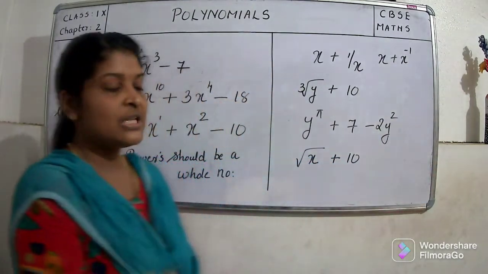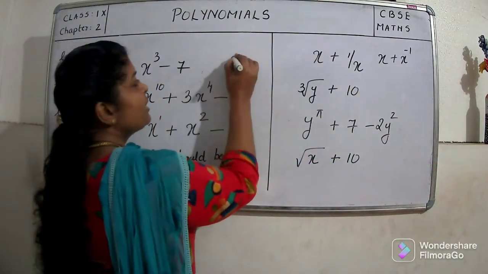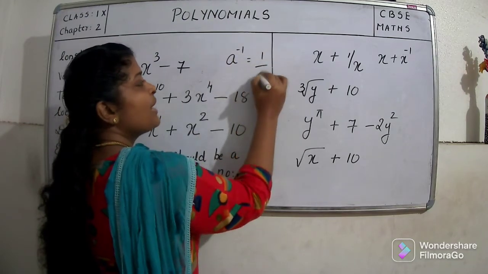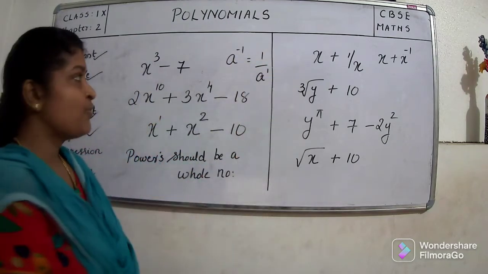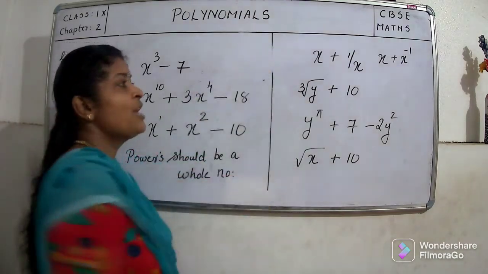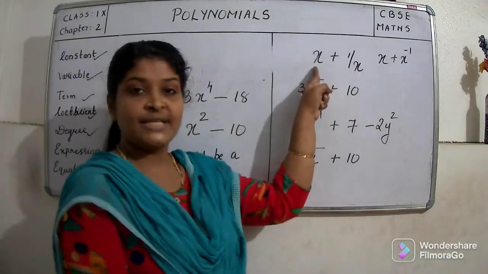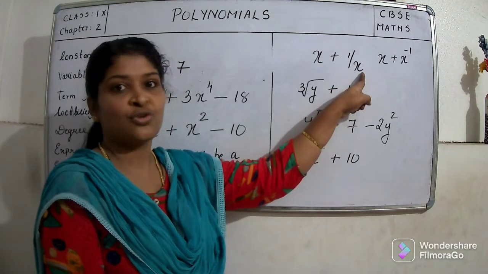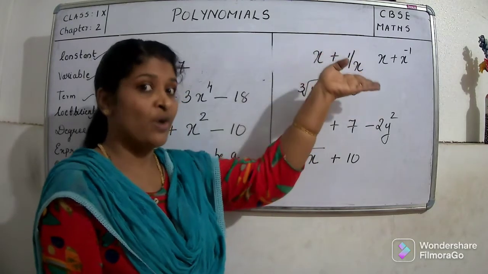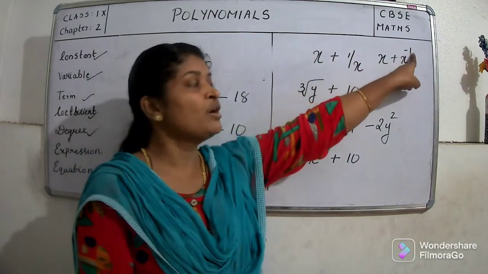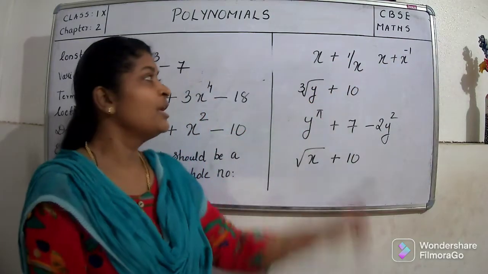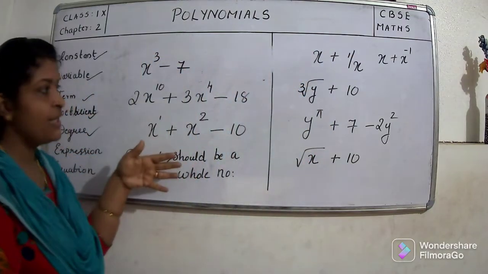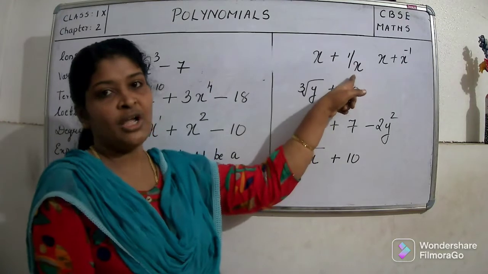In 7th standard we studied that a raised to negative 1 means 1 by a raised to 1, the law of exponents. So for this x the power is not 1, it is negative 1. Negative 1 does not belong to whole numbers. That's why this is not a polynomial. This full one is a polynomial, this is not a polynomial.